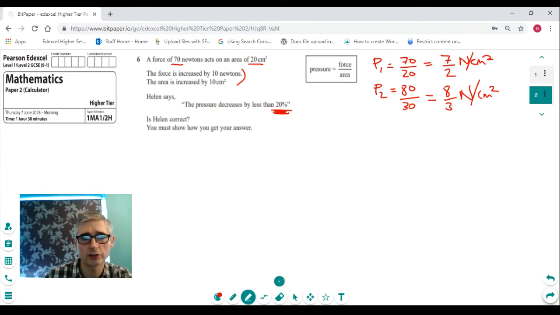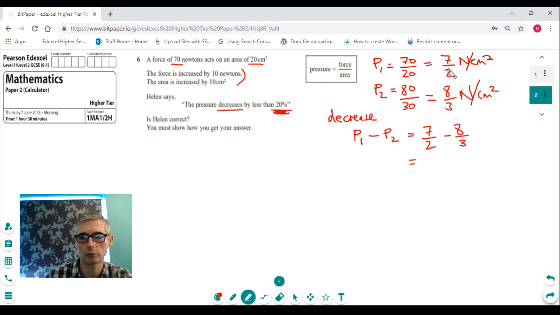Now we're talking about the pressure decreasing here, so we need to find out what the decrease is. So the decrease is going to be the initial pressure, P1, minus the new pressure. Working in fractions, it's 7 over 2 minus 8 over 3. And we need a common denominator to be able to do this.